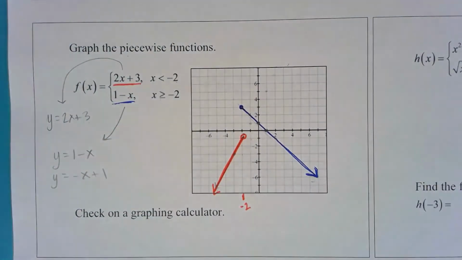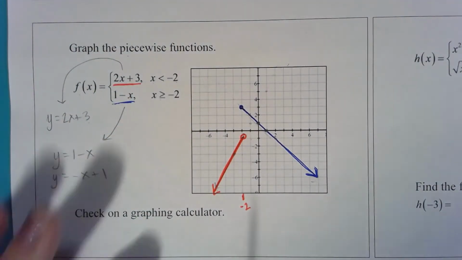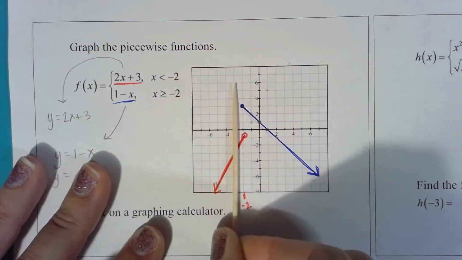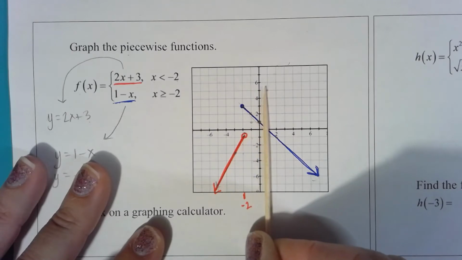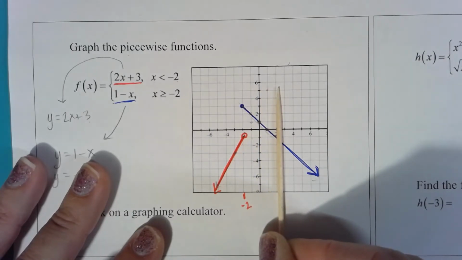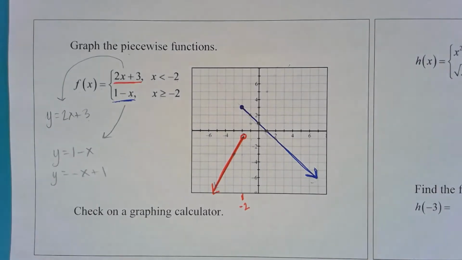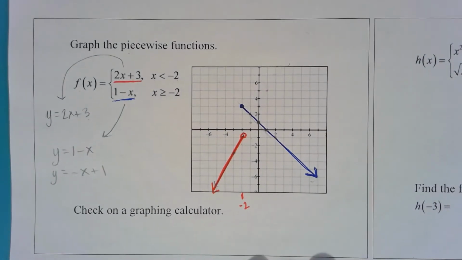So now when I go in with my vertical line test, my toothpick, notice it's only passing through at one point. Okay, good. So how could we check this on a graphing calculator?